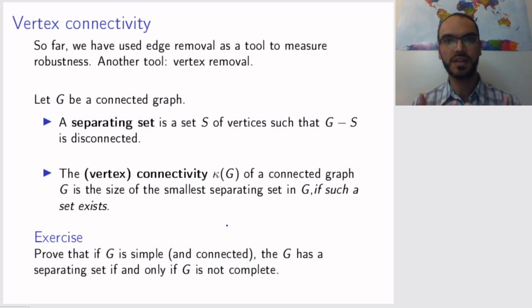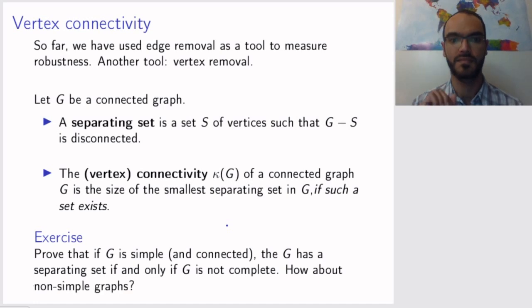They are so well connected that you cannot remove any vertices or sets of vertices to make them disconnected. Also, you can think about what if you don't require the graph to be simple, then what can you say? When does the graph have a separating set?